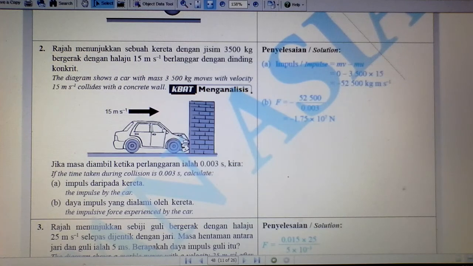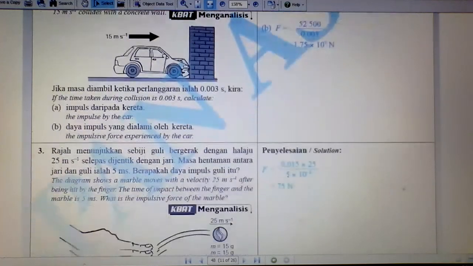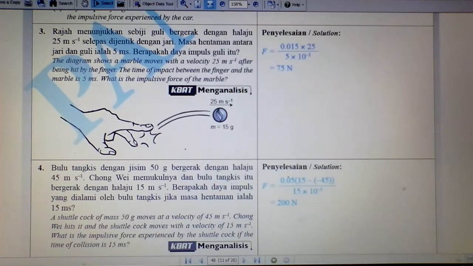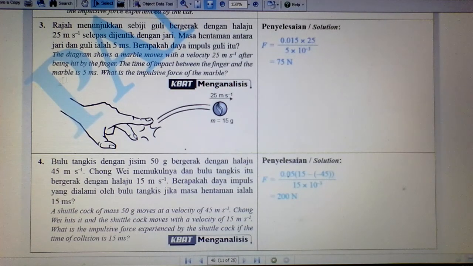Okay, number 3. The diagram shows a marble moving with velocity 25 meters second negative 1 after being hit by the finger. The time of impact between the finger and the marble is 5 milliseconds. What is the impulsive force on the marble?